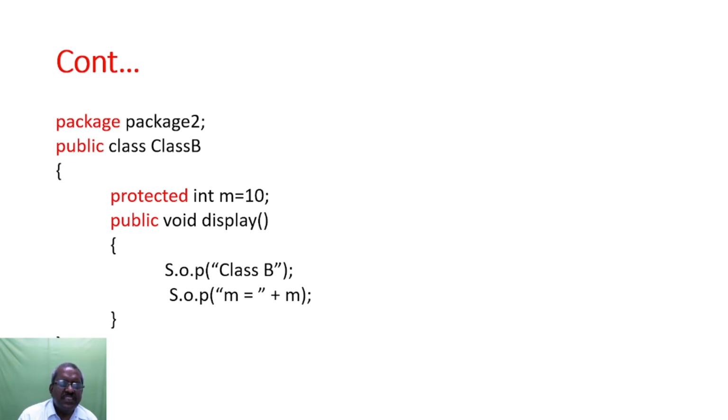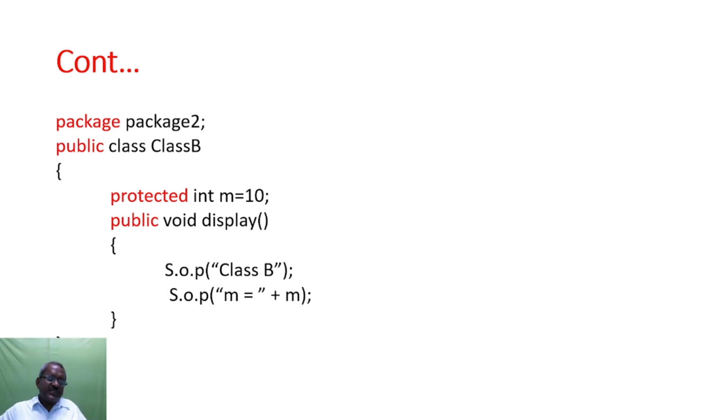For the same thing, forget about the main method class which we have already created. We are creating another package 2, where we are creating another class B, protected int m equal to 10, public void display.